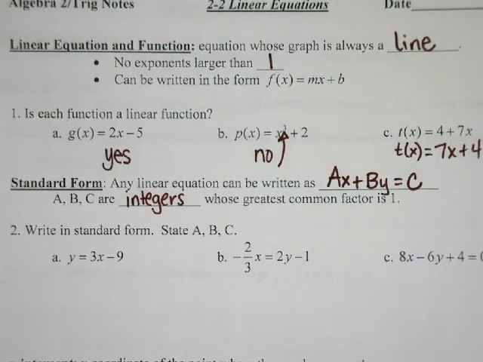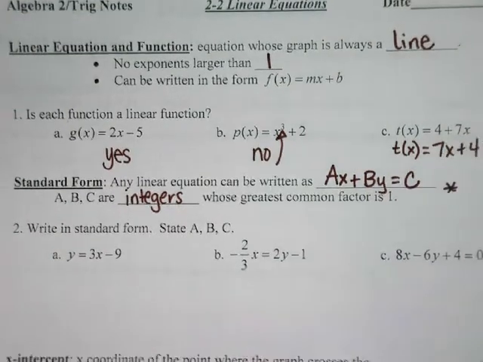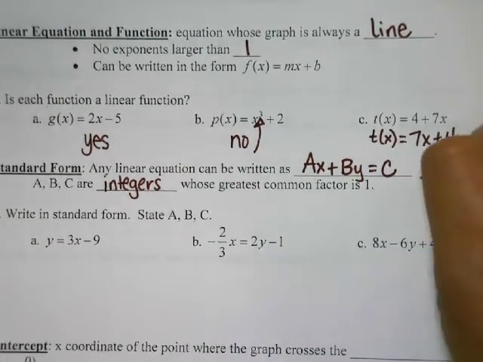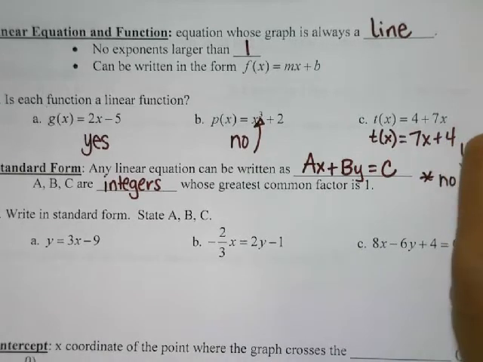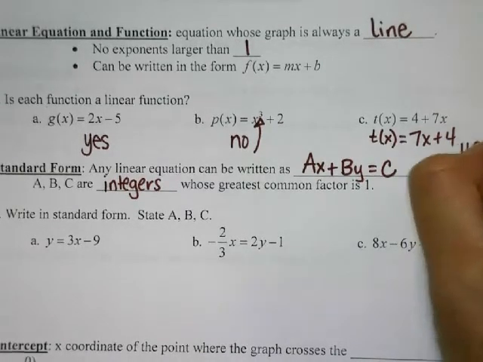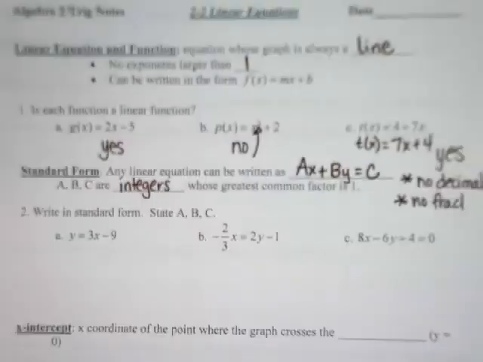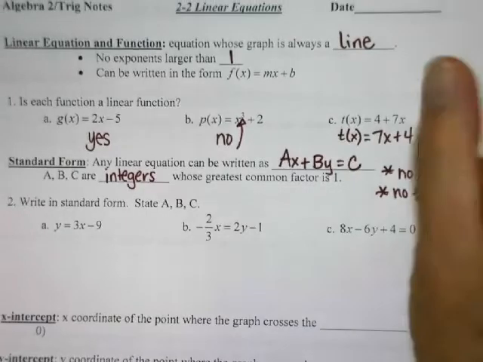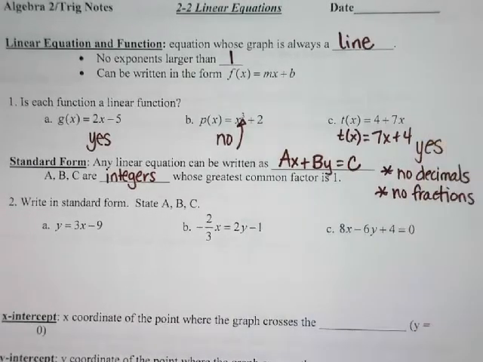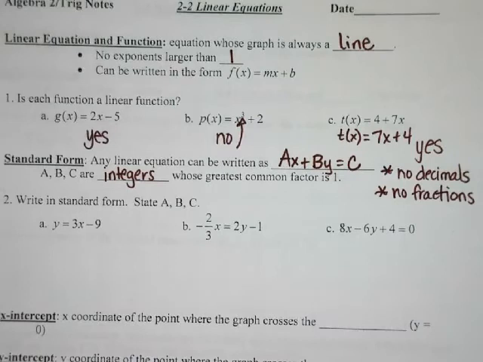Okay, integers are numbers that are positive and negative numbers, but there's no decimals and no fractions. All right, so the numbers in front of all of my variables cannot be decimals, they can't be fractions.